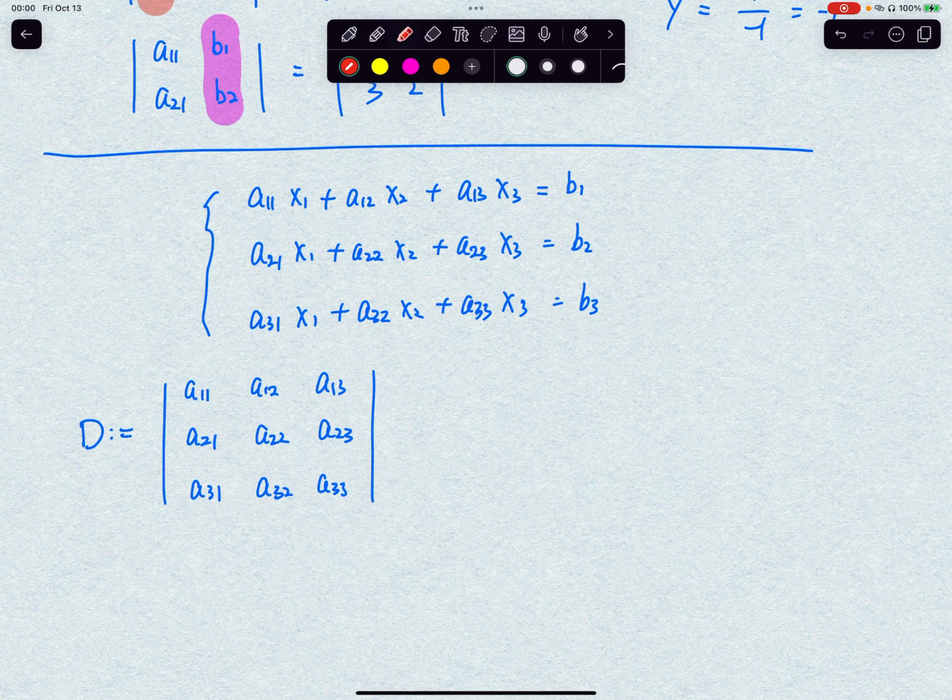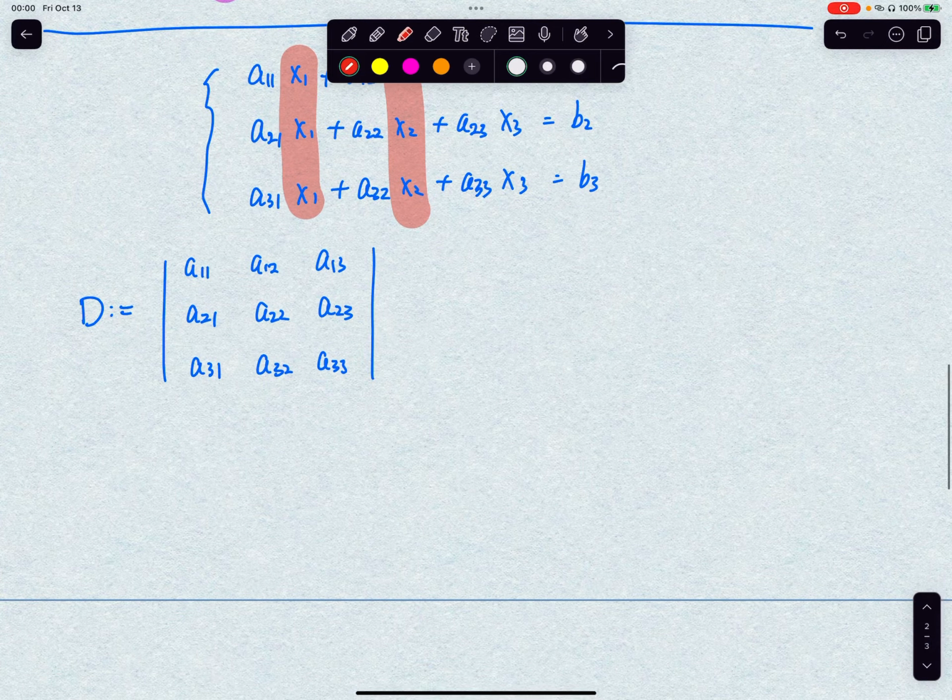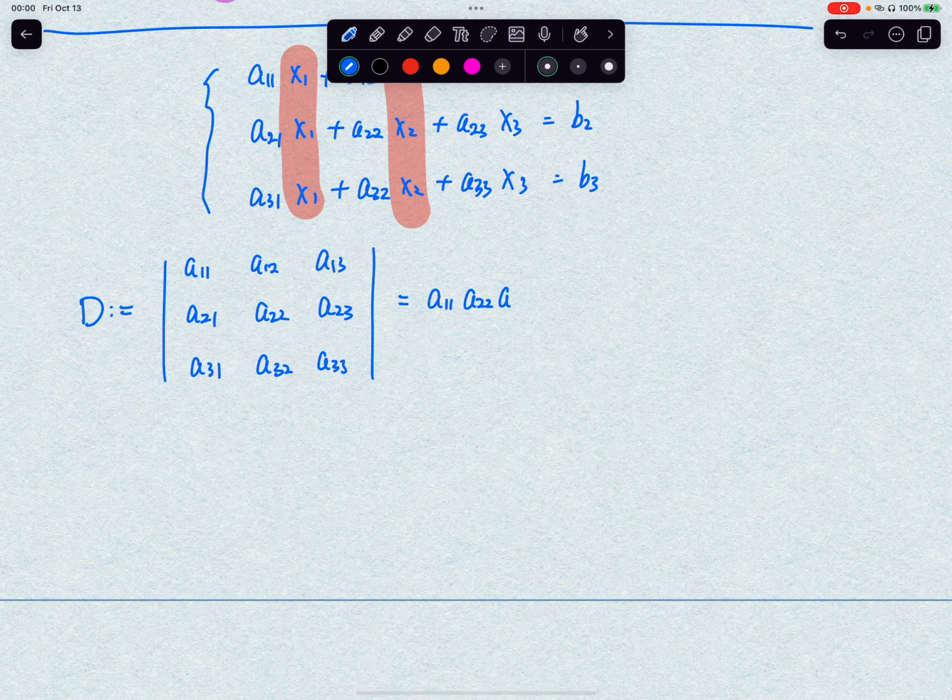So we, for example, cancel x1 and then x2. Then we have a solution for x3. After applying this similar result in deriving the formula for the 2 by 2 determinant, we have the formula for the 3 by 3 determinant.